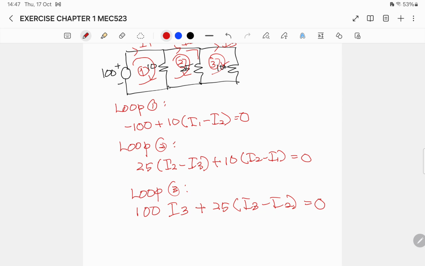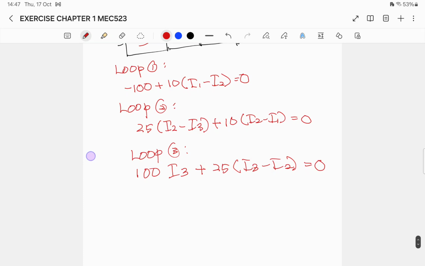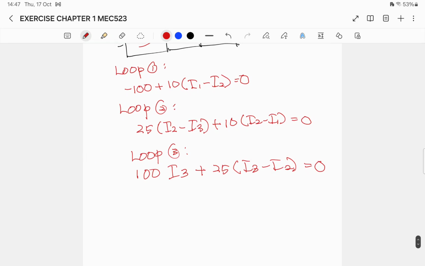Okay, cuba solve. Kena susun dulu. Lepas tu baru solve. Guna simultaneous equation. Ni kena kembang-kembangkan. Yang mana boleh tambah-tambah.